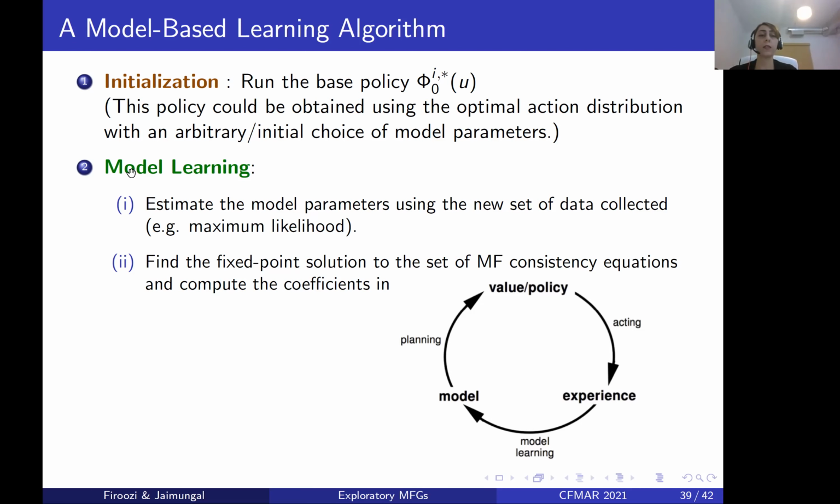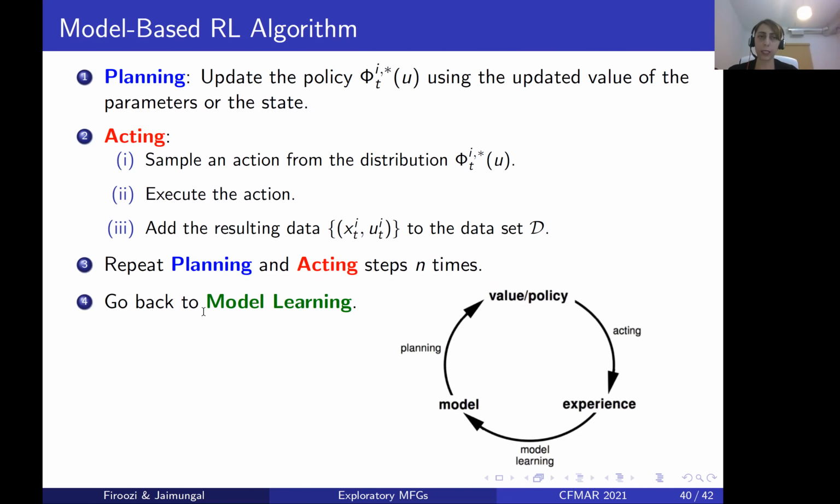When we have these updated parameters, then we can go ahead and plan. We can update the action policy that we have using the updated values of the parameters, and also the updated value of the states at each iteration. Then the next step is acting, which is sampling actions with respect to the updated distribution, executing them, and adding the resulting data to the data set.